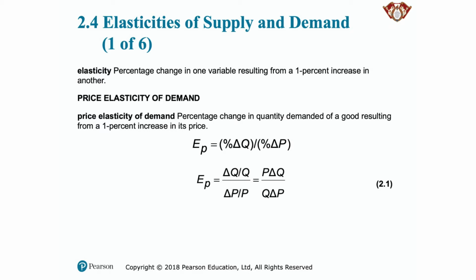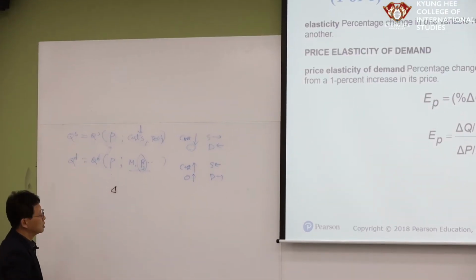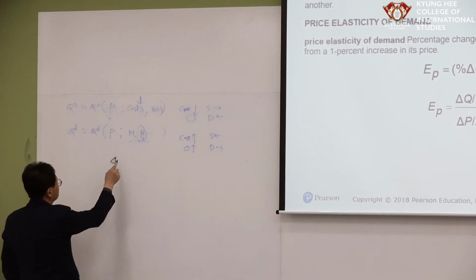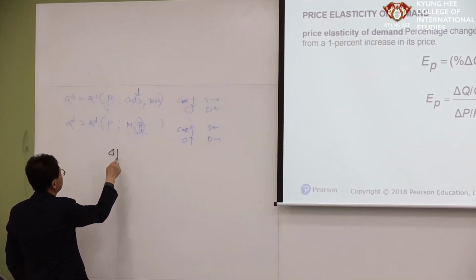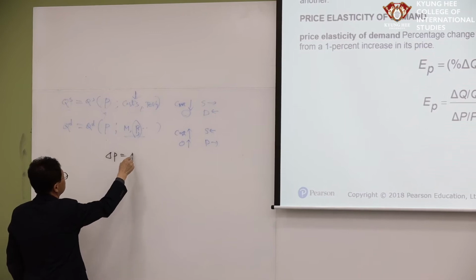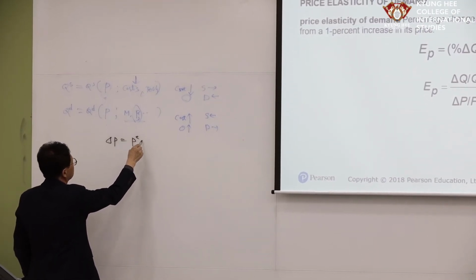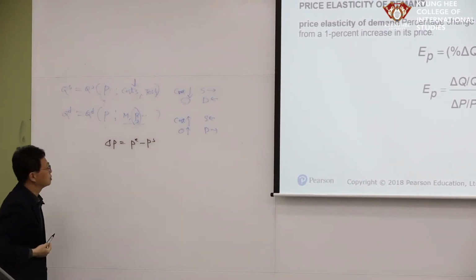So, we notate this one as change, right? Change in price is equal to price of ending value minus price of starting value.